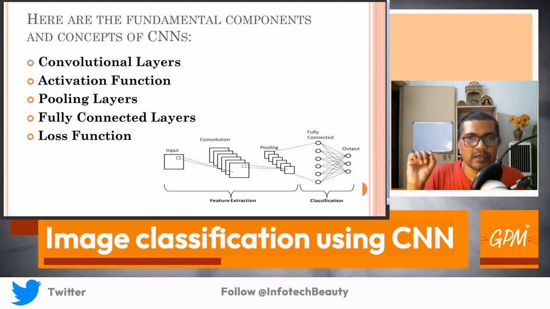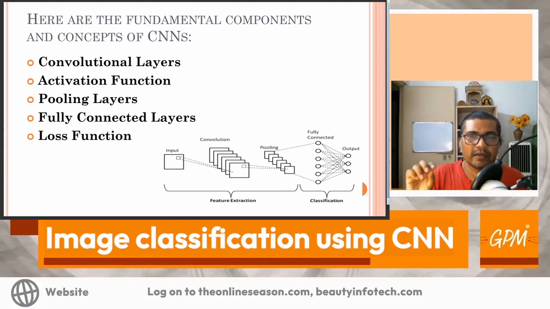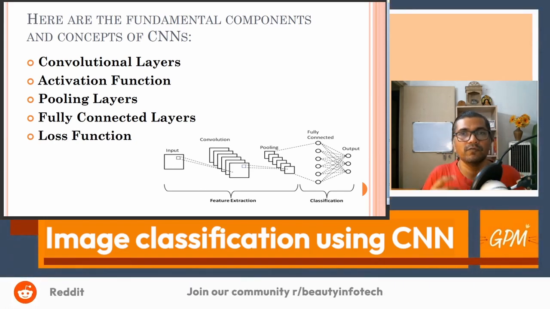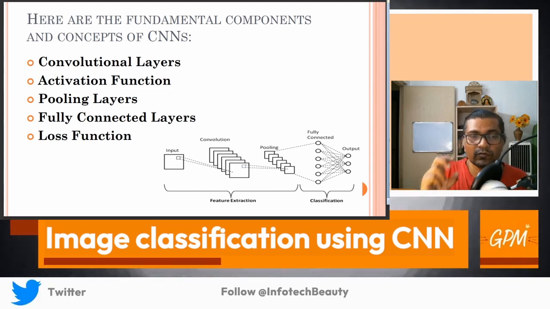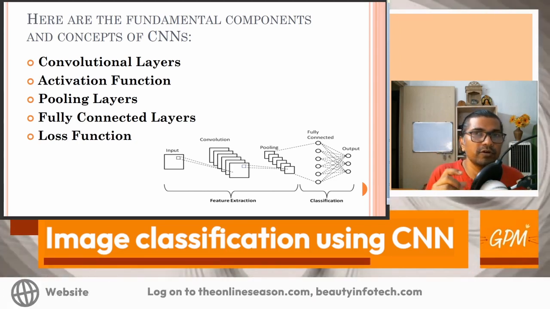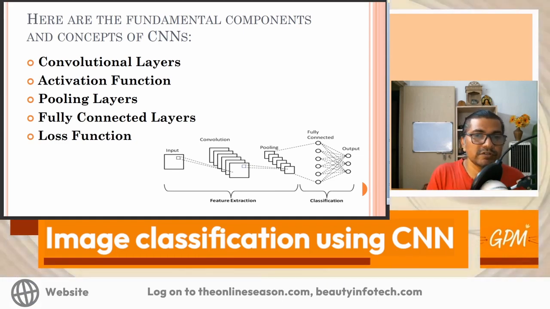Where there are similar pixels, the operation results in a feature map. This is called feature mapping, finding out the features from the image, and it highlights the presence of different patterns and features in the input data.